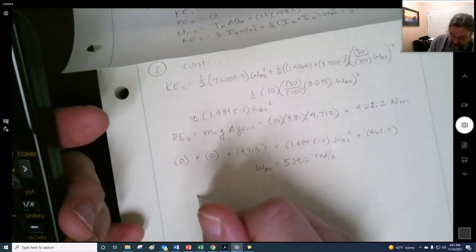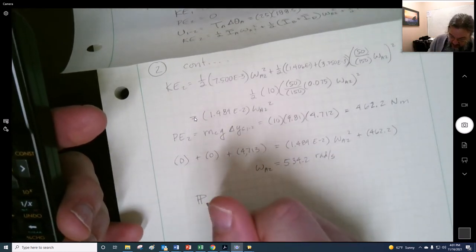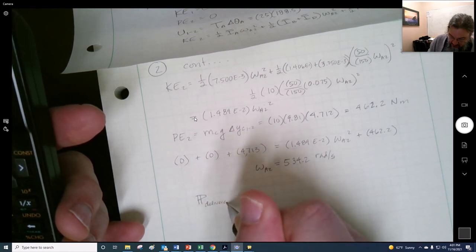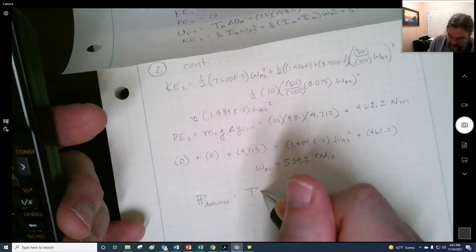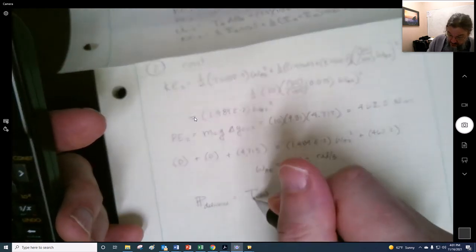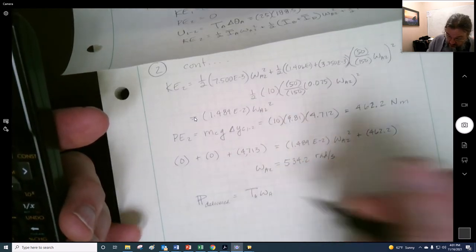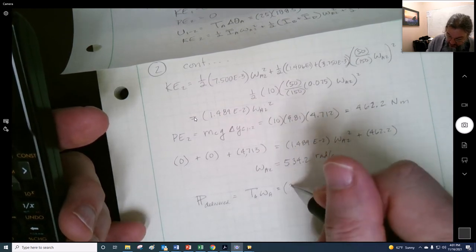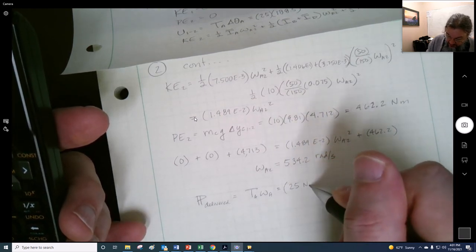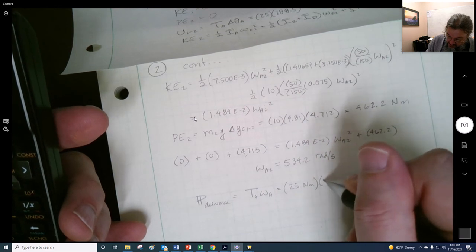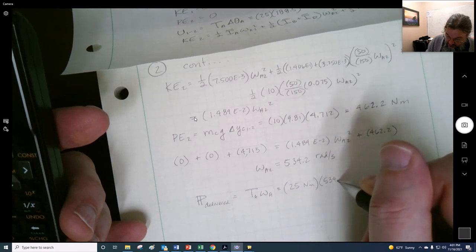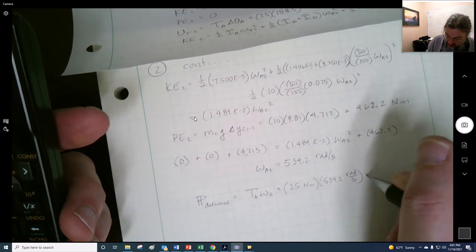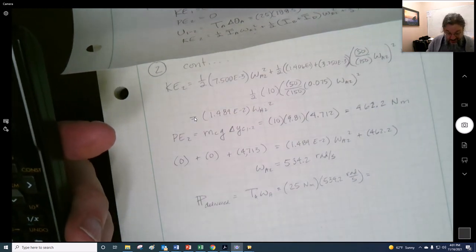But anyway, so the delivered power is torque right here. So put it in units here, 25 Newton meters times 534.2 radians per second. It's going to be a lot.